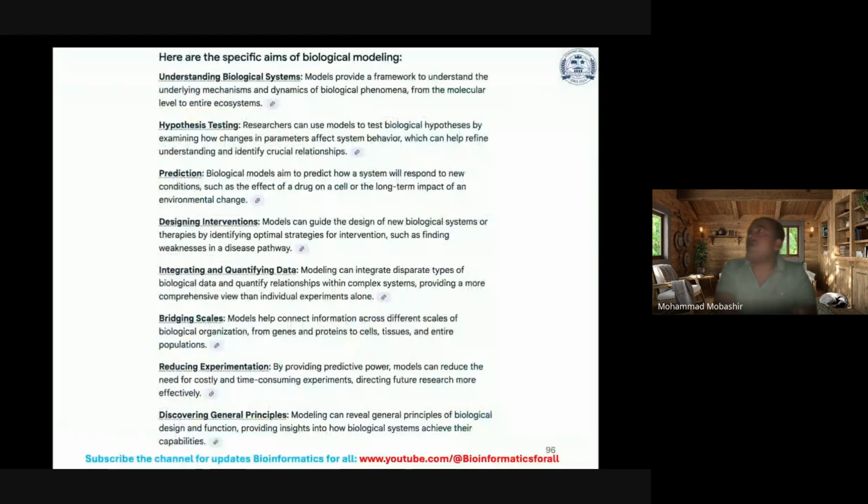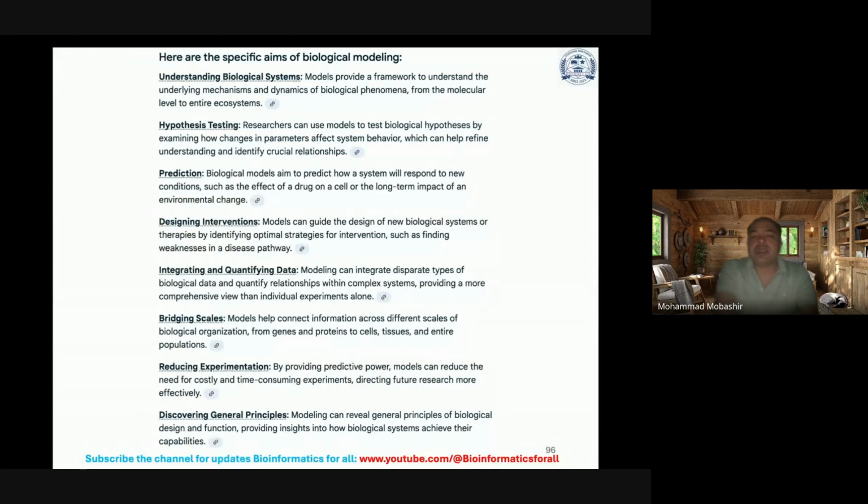Now, if we want to understand the real aims or specific aims in terms of text, for example, understanding biological systems, this is the primary goal in systems biology or mathematical modeling in biological systems: hypothesis testing, prediction, designing interventions, integrating and quantifying the data, bridging the scales and the gaps, reducing experimentation, discovering general principles.